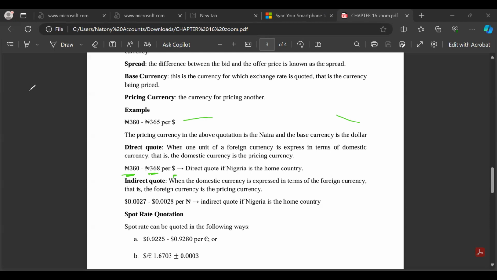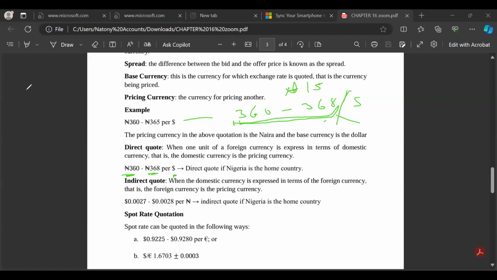So this is a direct quote if the Naira is the local currency. Another way to get that, say 360 to 368 per dollar, quotation Naira per dollar. So anytime the pricing currency is in the local currency, it is a direct quote.